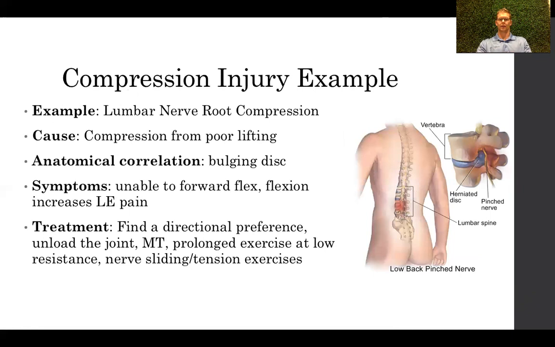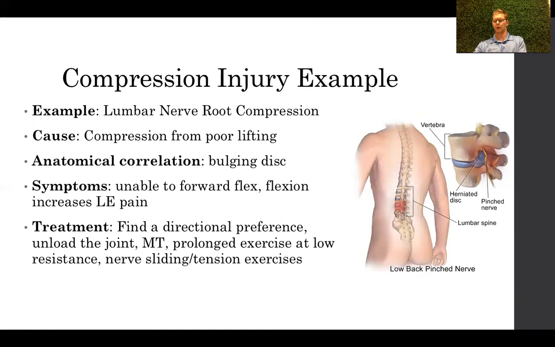A classic compression injury example would be someone who comes in and has, let's say, a compression type injury from poor lifting mechanics. And the anatomical correlation could be an acute disc herniation.